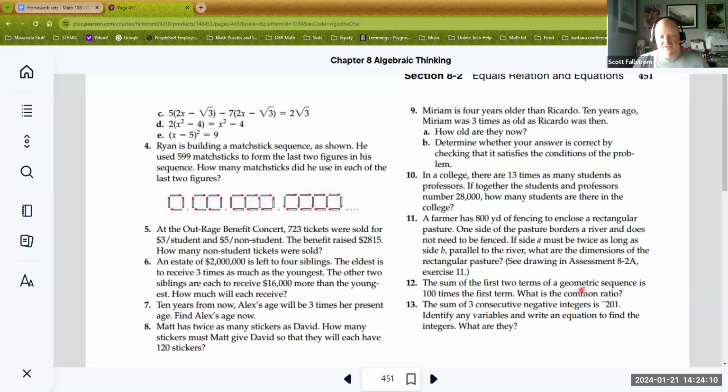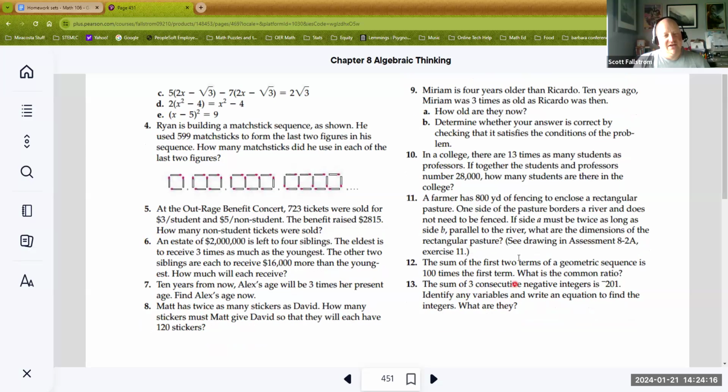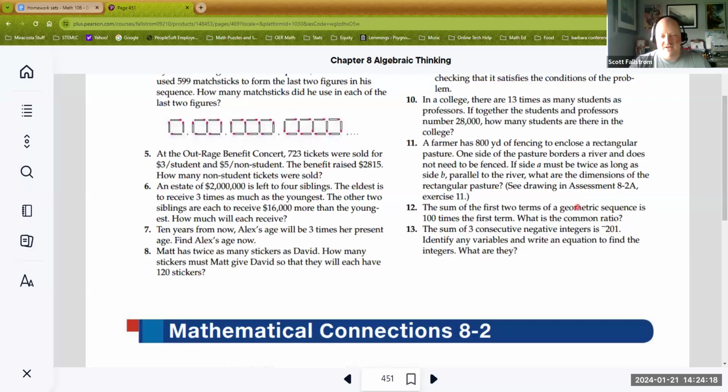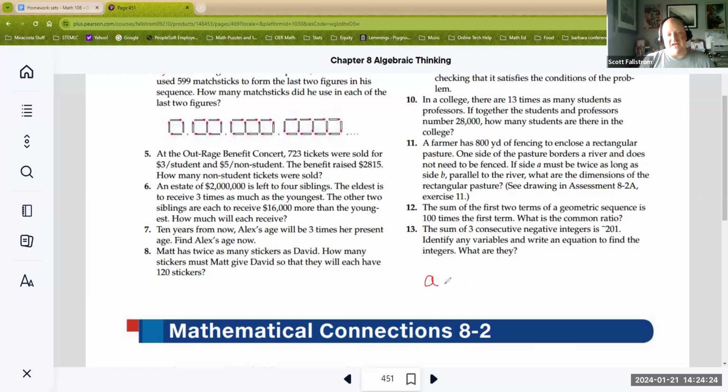The sum of the first two terms in a geometric sequence is 100 times the first term. Oh, interesting. See how they're playing that one there? That means you have to know how to form those geometric sequences like we've already talked about. So if the first term is A, and you're going to add the next term, remember the next term would be A times R, right?